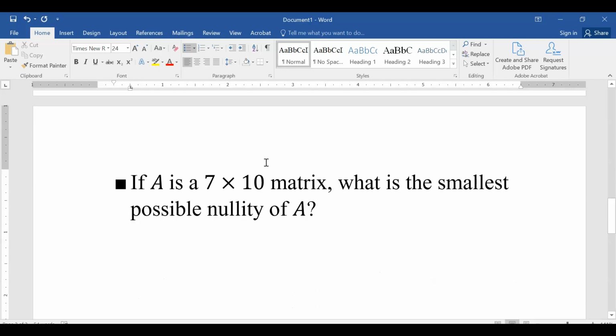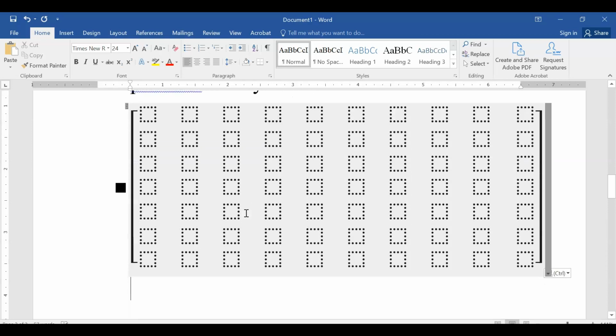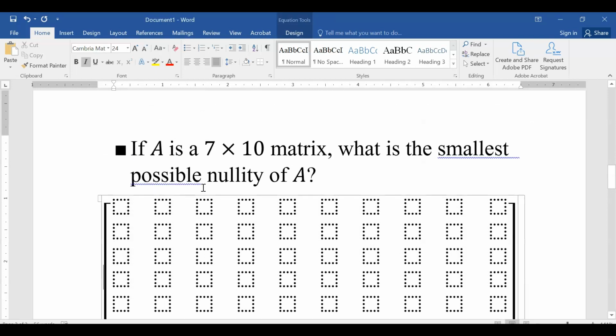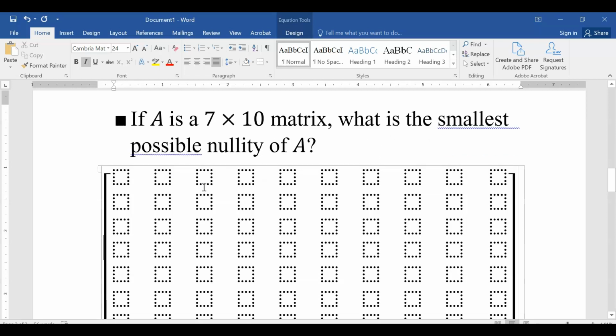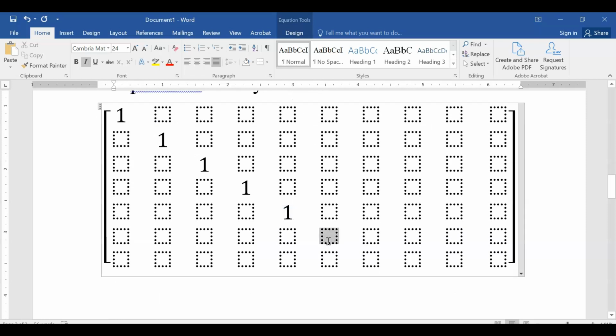So the next question says if A is a 7 by 10 matrix, what is the smallest possible nullity? So smallest possible nullity, hopefully you got out a 3. Okay, so if I want the smallest possible nullity, then what I want to do is fit in as many pivot positions as I can.